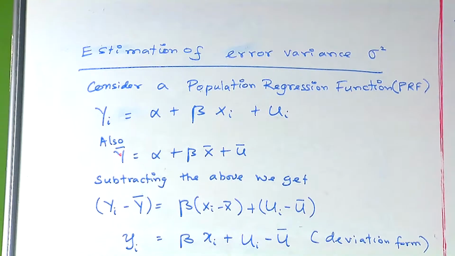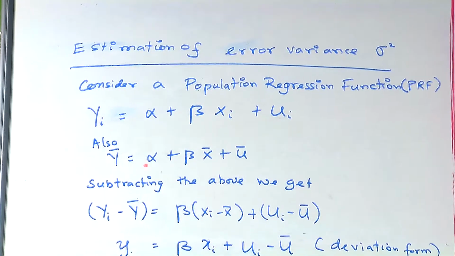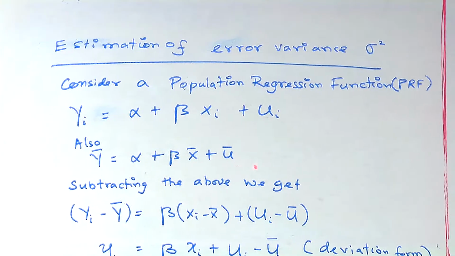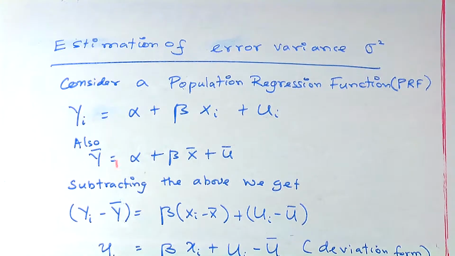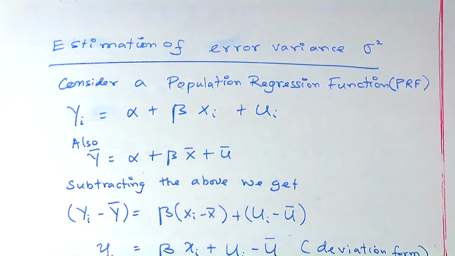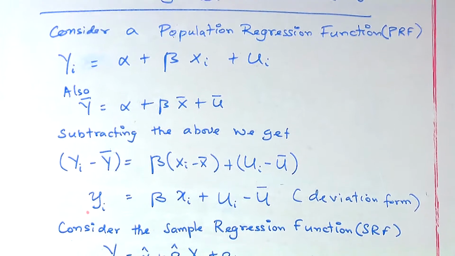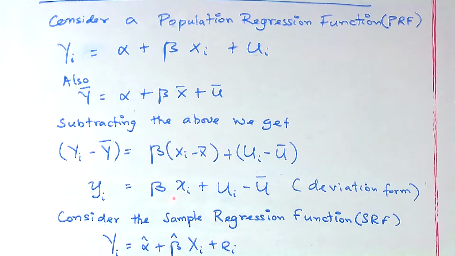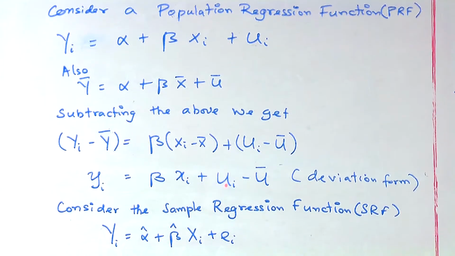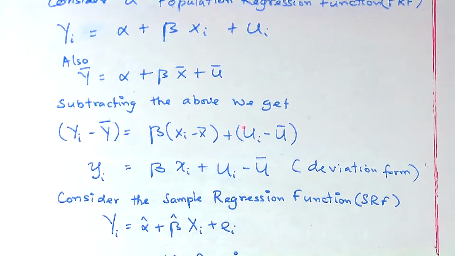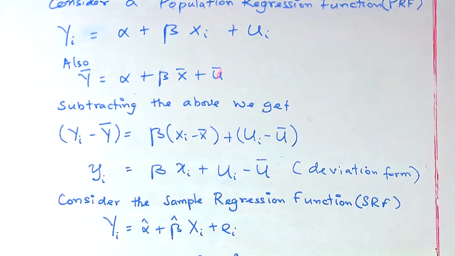We also know that y bar is equal to alpha plus beta x bar plus u bar in the population regression function. Subtracting the above, we get the deviation form, that is small yi is equal to beta small xi plus ui minus u bar. Actually, we are getting this by subtracting these two equations.